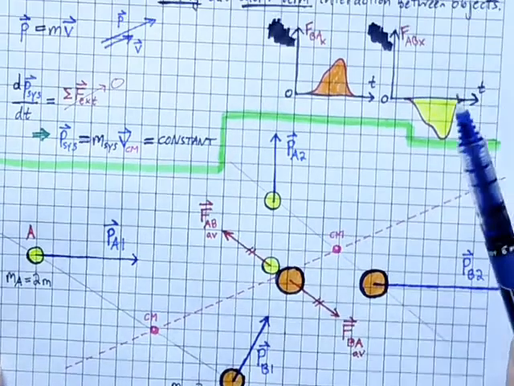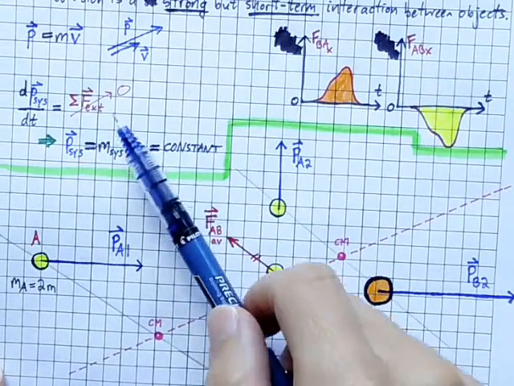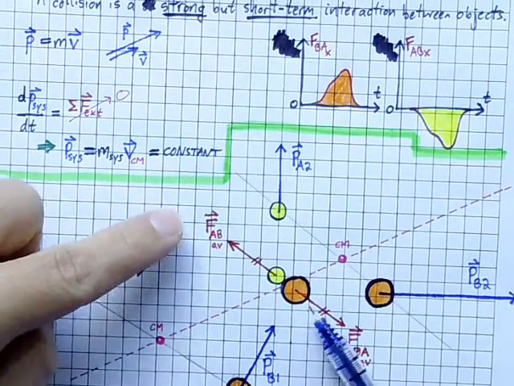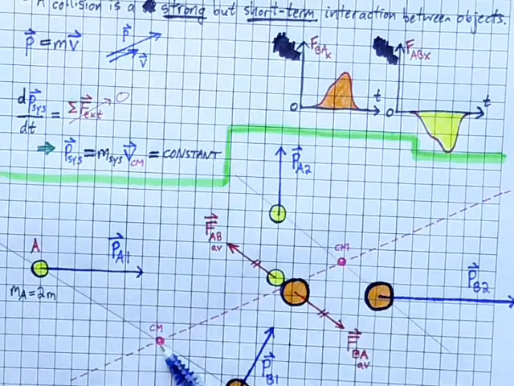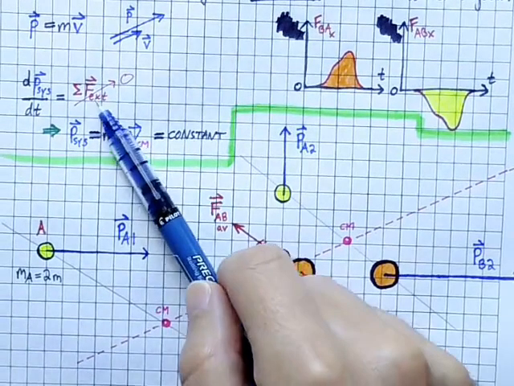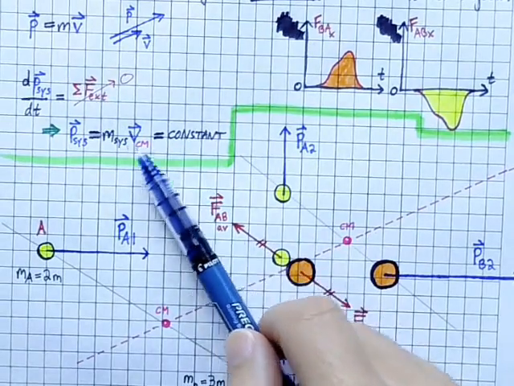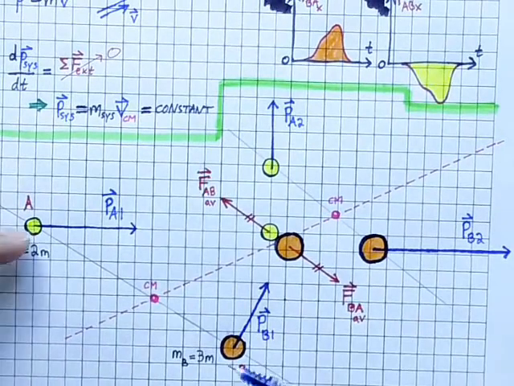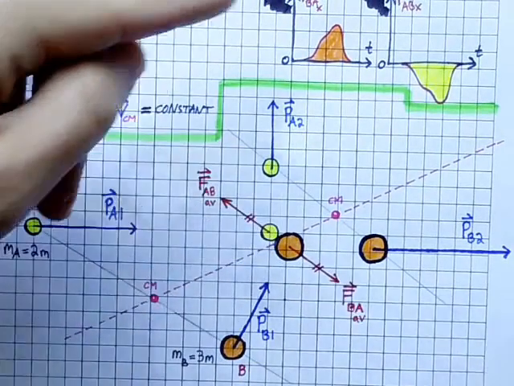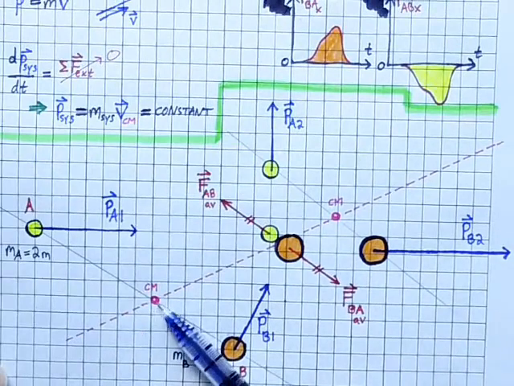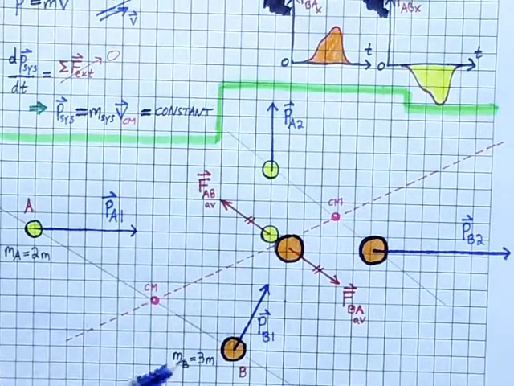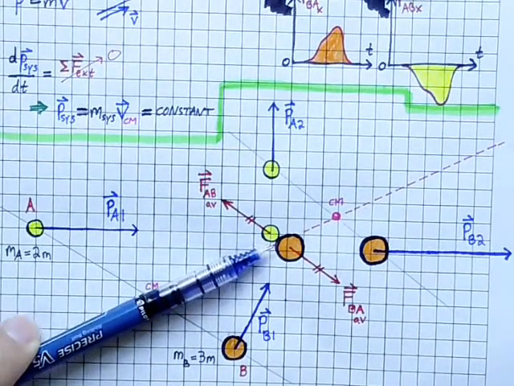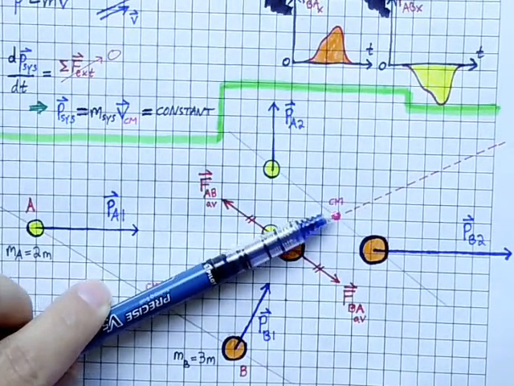Now, if there's no external force, then that pink dot, which will move as A and B move, the center of mass, this imaginary point, it moves as well. But if there's no net external force, the velocity of that center of mass will be constant. And so if you can imagine, as A and B move and come together and hit and then move apart, that whole time, this dot here, this imaginary point, will be moving in a straight line with a constant steady velocity all the way up to, during, and past the collision.